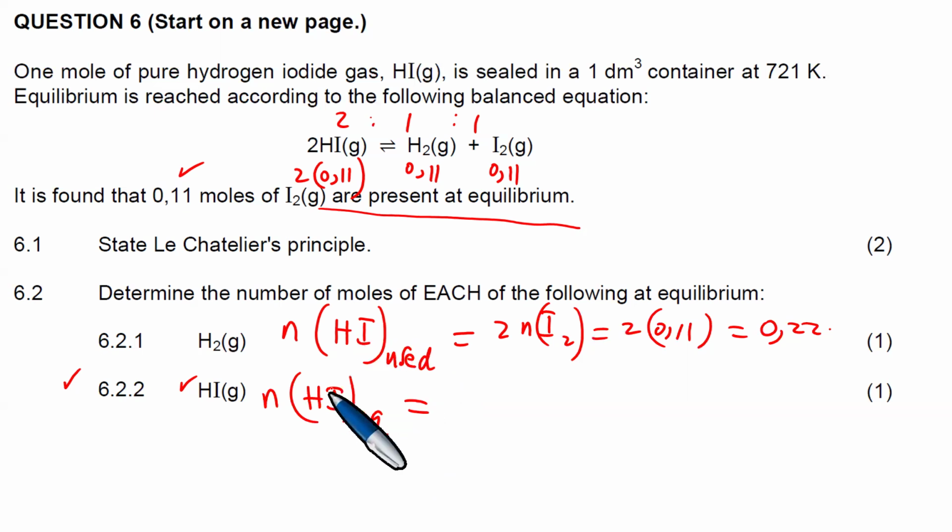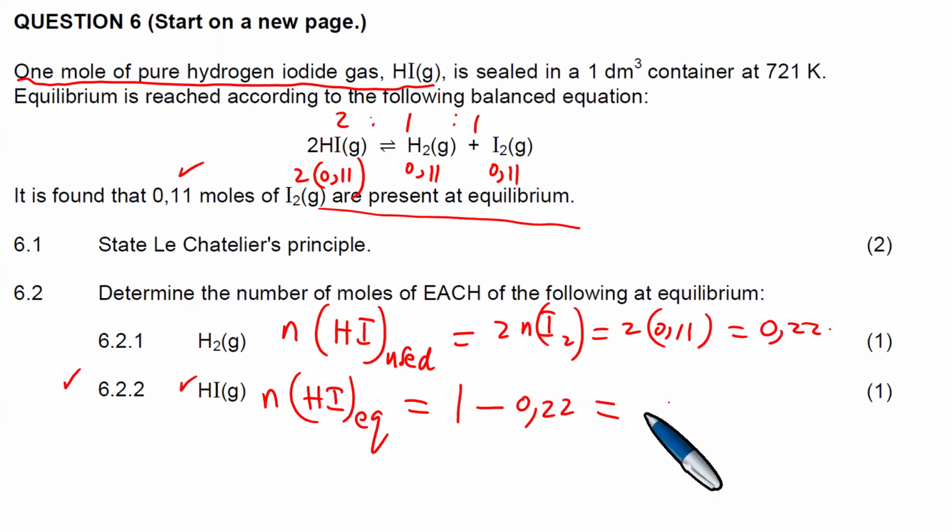So we then have to say, because you're told 1 mole of pure hydrogen iodide gas, initially you had 1 mole of hydrogen iodide and used up were 0.22 of hydrogen iodide, and then the difference here is exactly 0.78 moles.